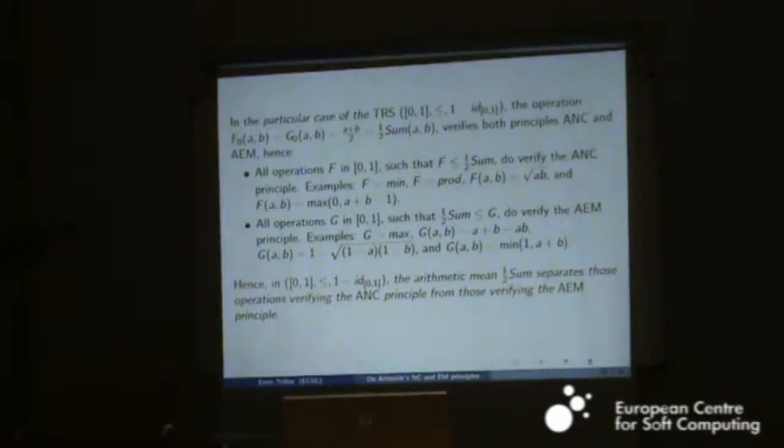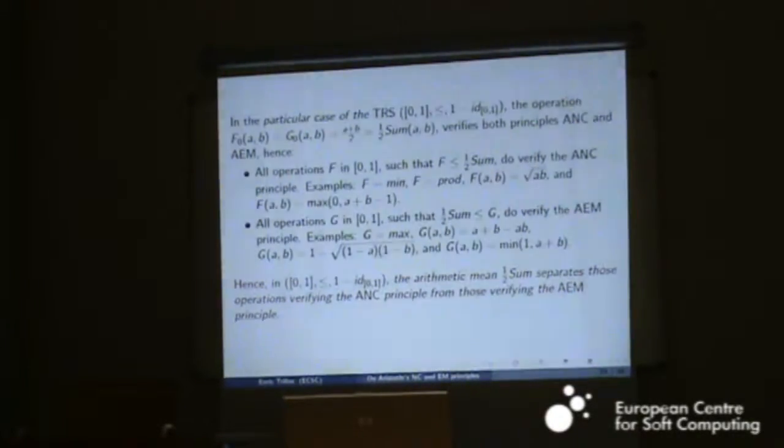The sum verifies that because a plus not a is 1 divided by 2, which is 1/2. This is just the operation that is in the border of the two classes. Of course, then all operations that are smaller than the arithmetic mean do verify non-contradiction, and those operations that are greater than the arithmetic mean do verify the excluded middle principle.